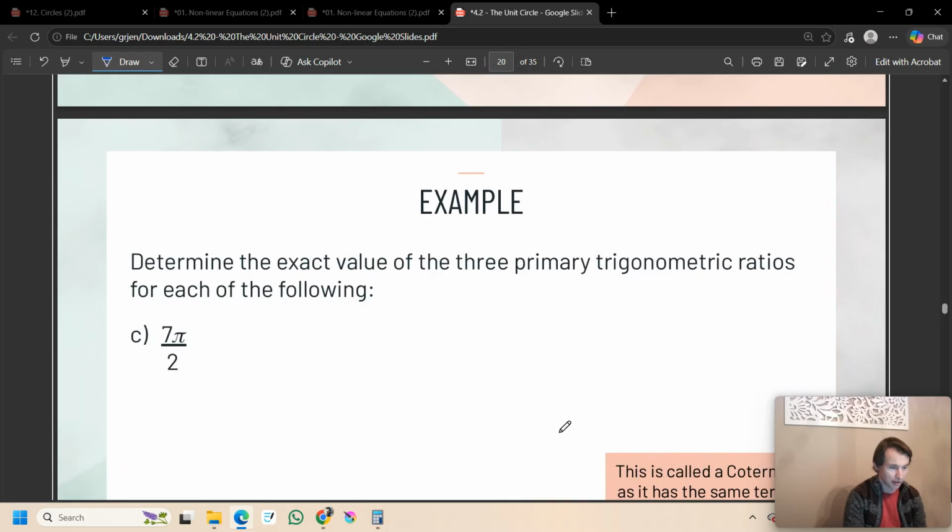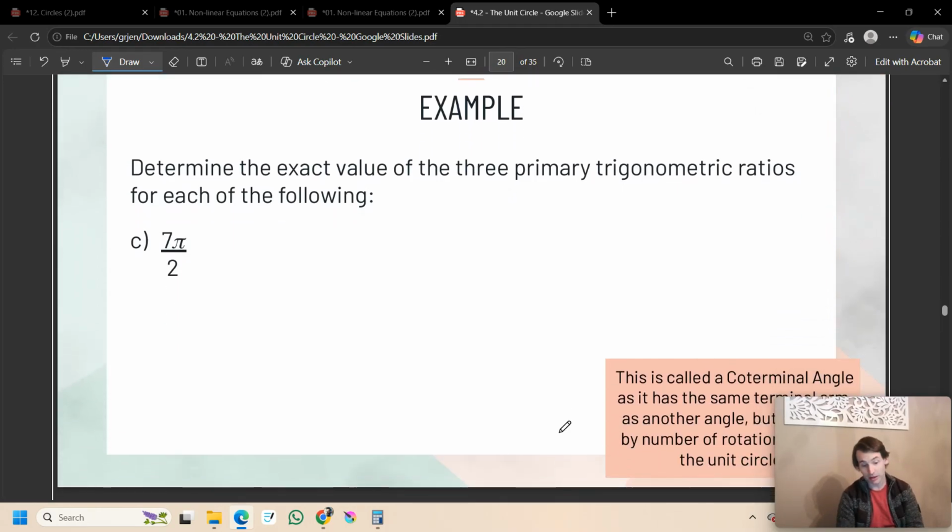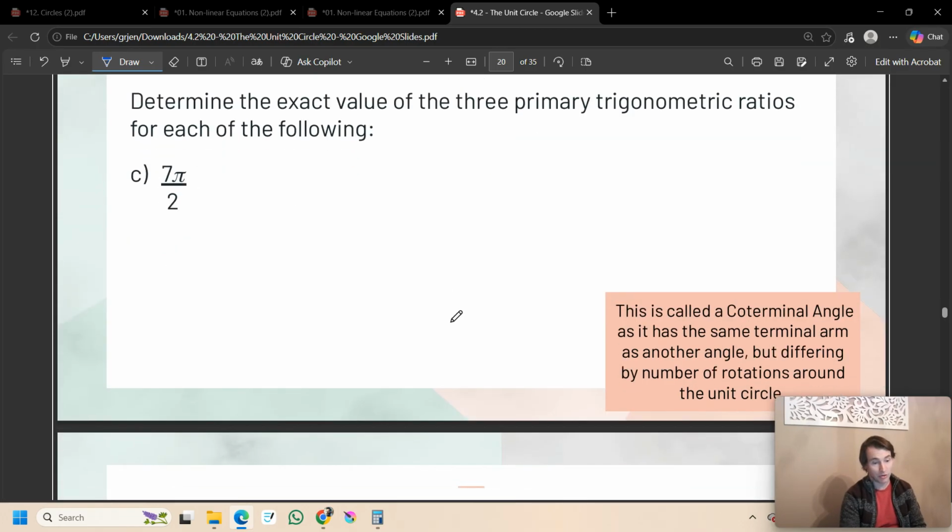Let's keep going. There's 7 pi on 2. This is a coterminal angle. That is to say, it's the type of thing that a math teacher cooks up to keep me busy for another 90 seconds. All right, so I better just get to it, right? So draw your diagram. Don't despair. 2 pi, or a fancy way of saying 4 pi on 2, 5 pi on 2, 6 pi on 2, 7 pi on 2.